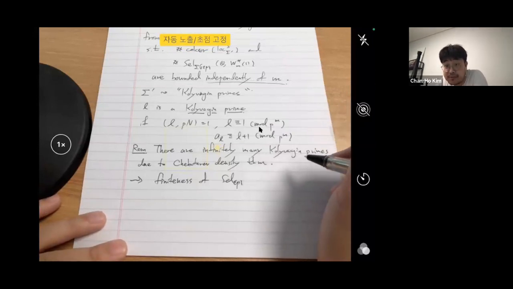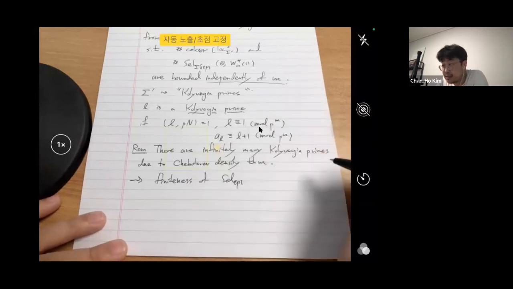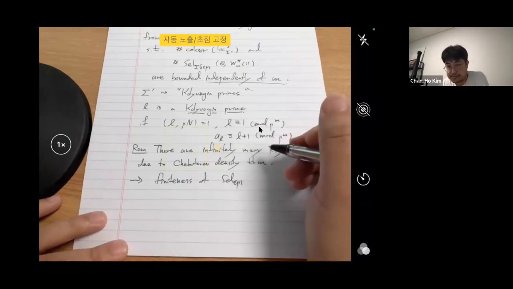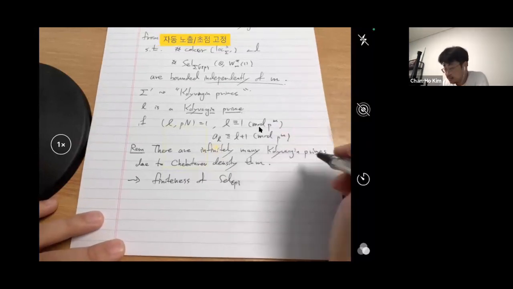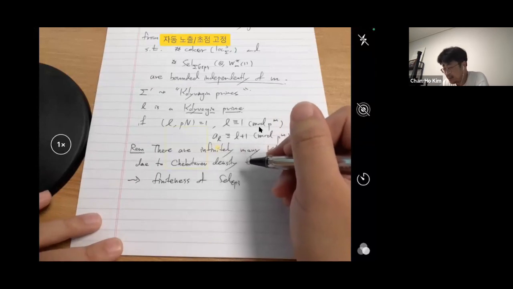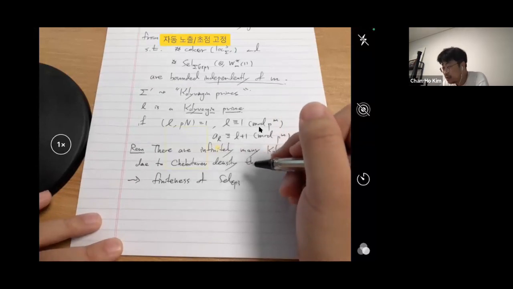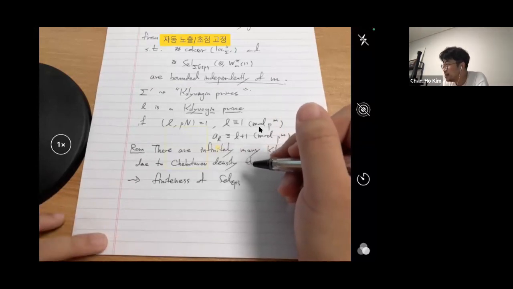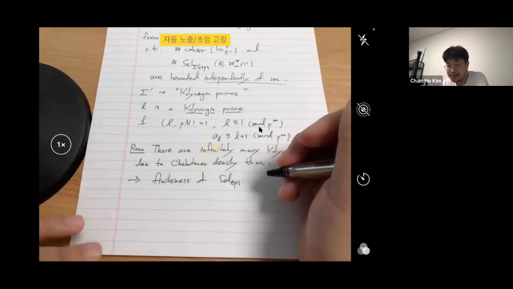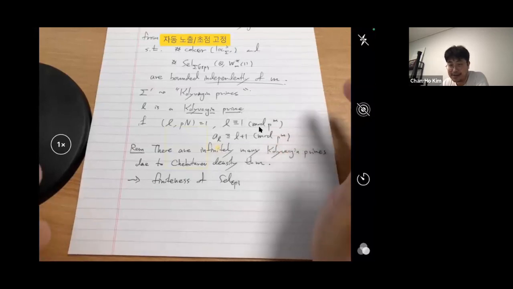As m tends to infinity the density is very small, but in its finite layer there is still positive density, so we don't have to worry about that. How can I say that? When we deal with Kolyvagin system arguments, we do not work in the characteristic zero situation.